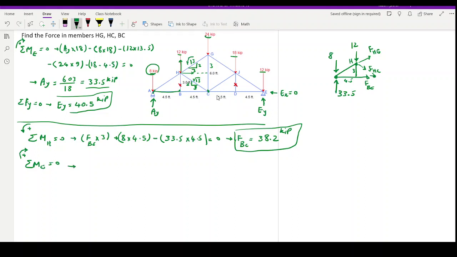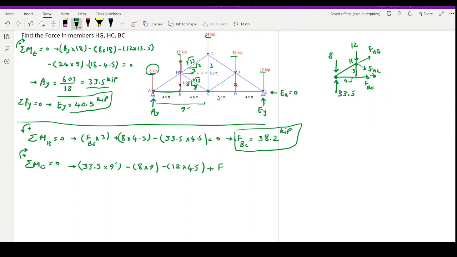Starting from the left, 33.5 times the distance, from here all the way to here, it's 9 feet, minus 8 times 9 feet, minus 12 times 4.5, plus then we have the unknown FHG with x and y components.